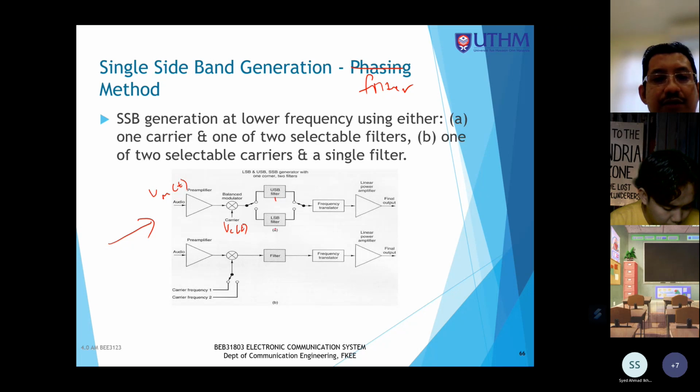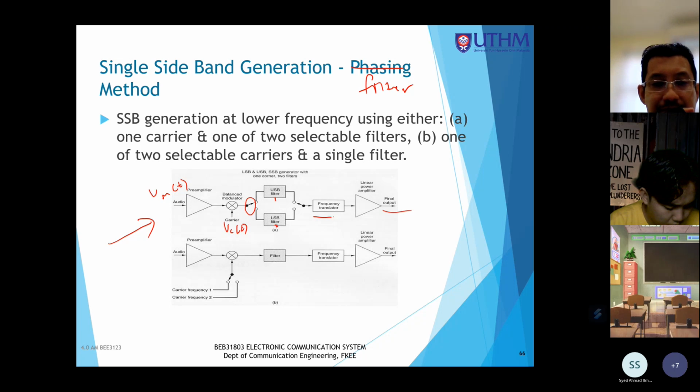Filter yang pertama akan select upper sideband, filter yang kedua select lower sideband. So this is controlled by the switch. Which part we want, the lower sideband or the upper sideband? Then masuk kepada frequency translator, and then we amplify the signal, and then we send through the medium.